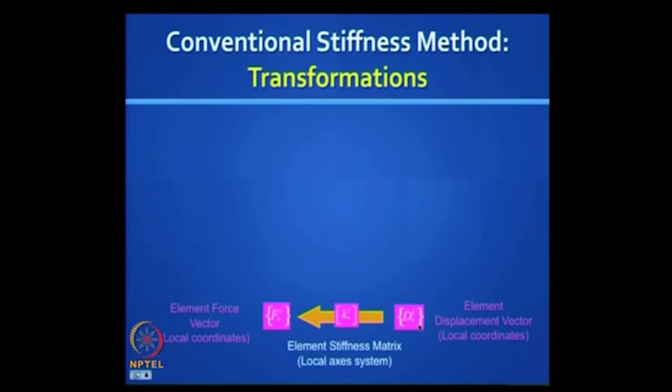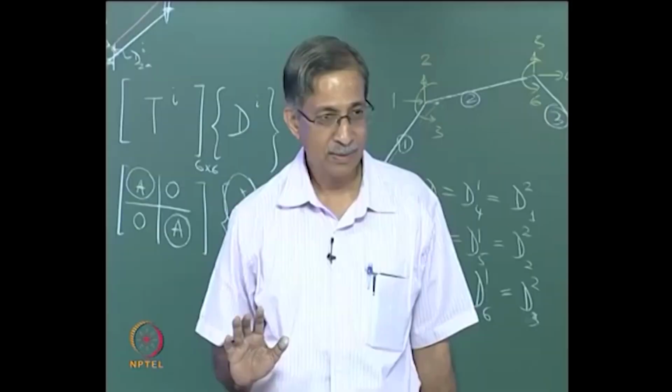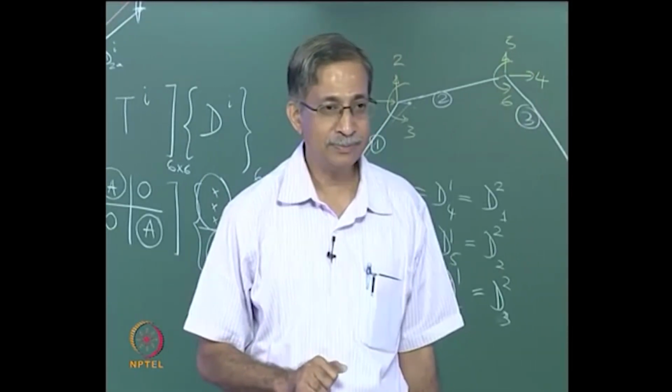If I have this and if I pre-multiply it with the element stiffness matrix, I get the element force vector in the local coordinate. Is this clear? This is the meaning of the arrow. I am not writing any equations, I am symbolically showing you this first transformation. It is a linear transformation. In other words, if you give me this and I have this, I pre-multiply this with this, I get this. That is why the arrow is pointing this way. This transformation I know. Clear? What is the other transformation you know?